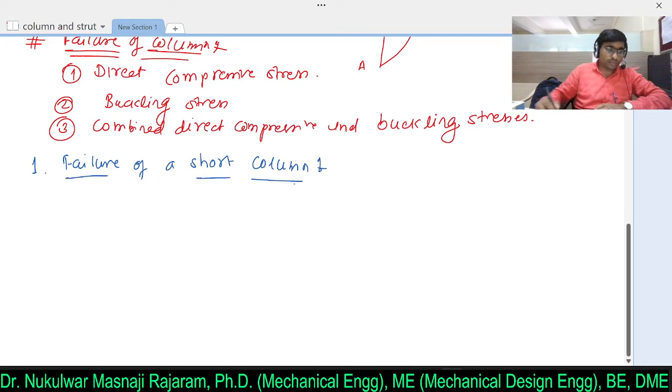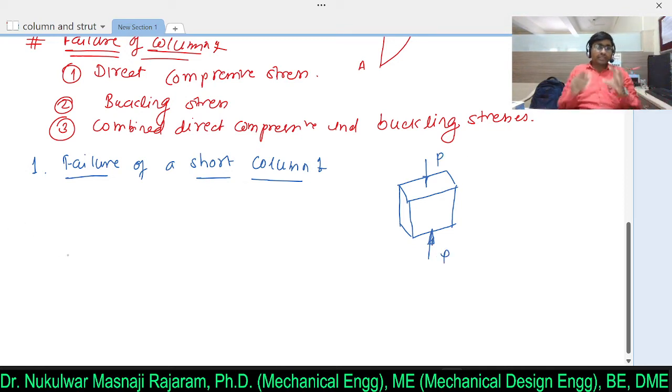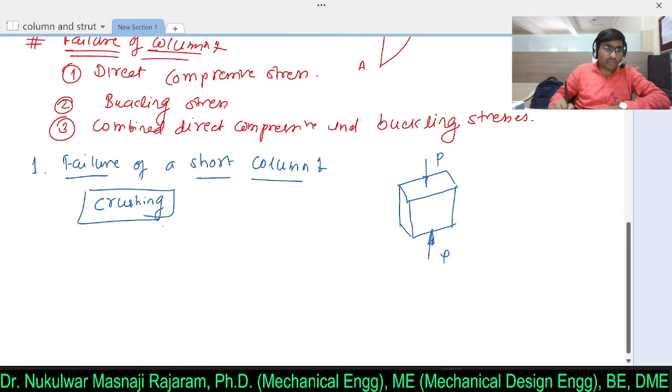Failure of a short column. A short column means the length is not that much. If this column is subjected to a compressive load, then this column, which has a very short length, will definitely fail because of crushing.